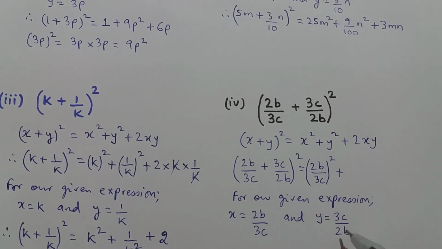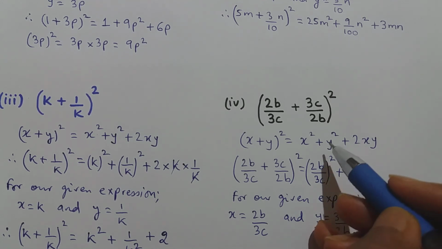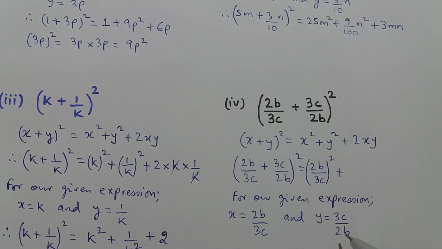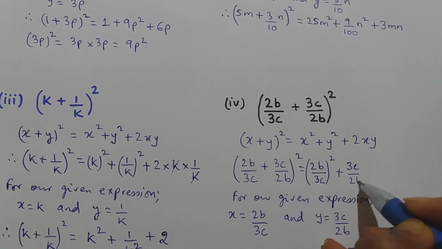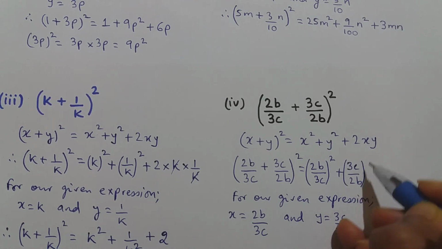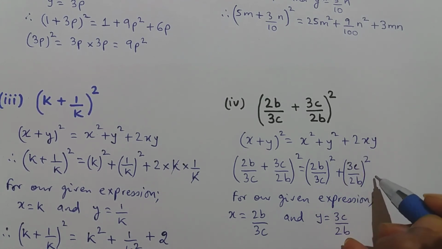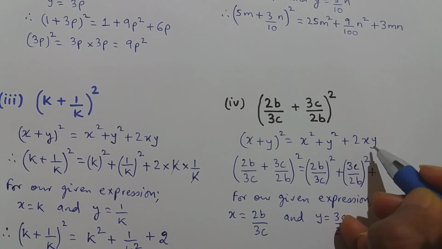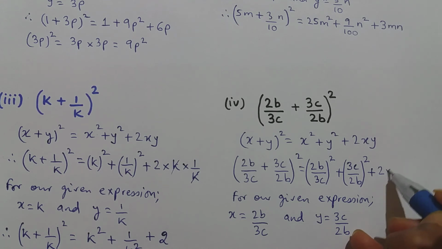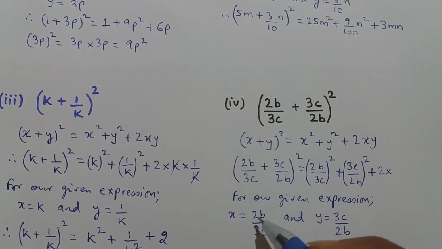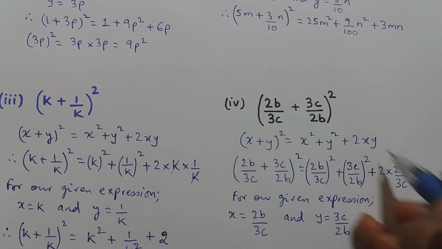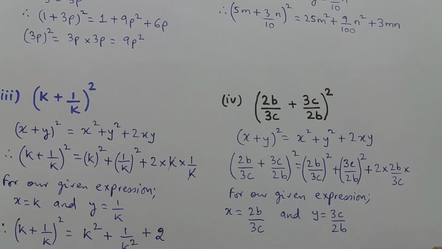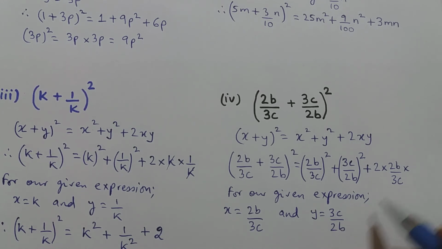Now y is 3c upon 2b, so y square will become 3c upon 2b whole square, plus 2xy. 2xy means 2 into x into y. So 2 into x, and x is 2b upon 3c, into y, and y is 3c upon 2b.